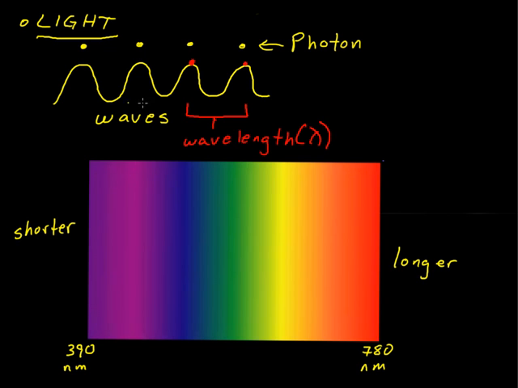However, when we refer back to our discussion a second ago of wavelength and how a shorter wavelength would mean that there are more photons in a given period of time involved, shorter wavelength light is, we would say, higher energy light, and longer wavelength light is light of lower energy.